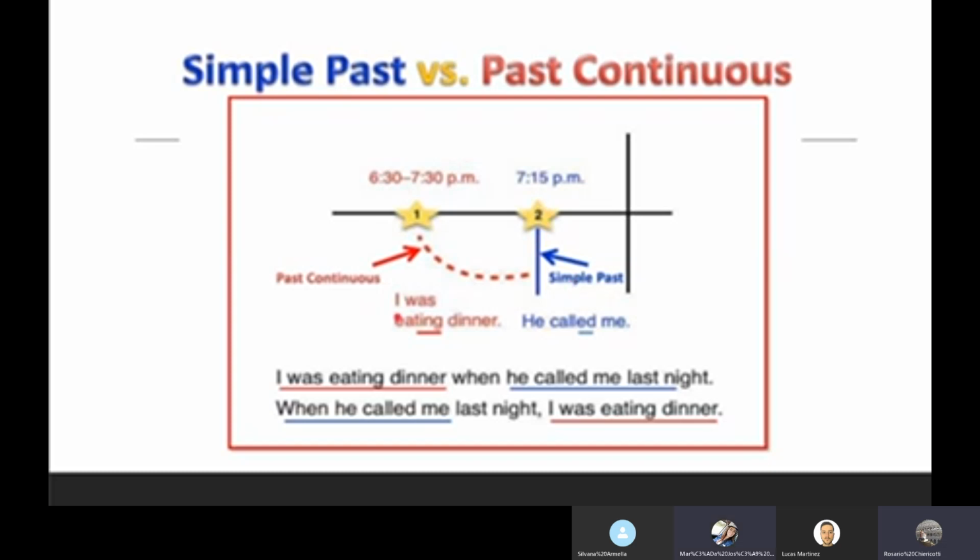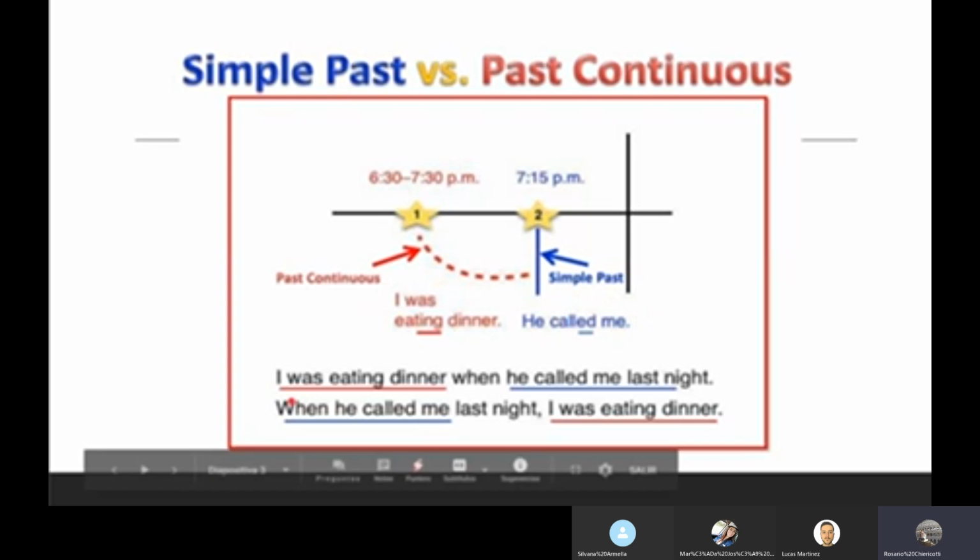So we are going to say, I was eating dinner when he called me. What is the first activity that happened? That I was eating dinner, or that he called me? That I was eating dinner, because I started this, I developed this over a period of time, and then it was interrupted by the call.